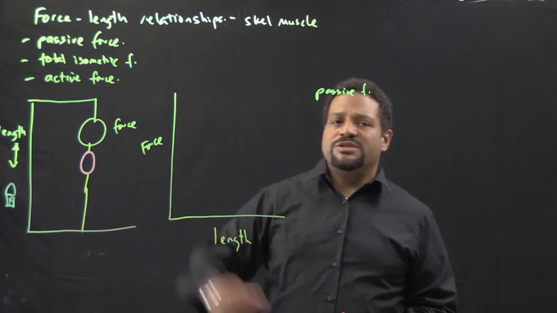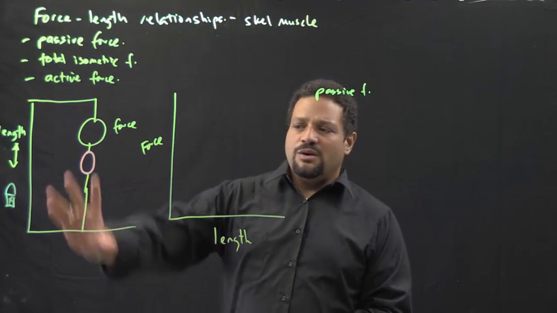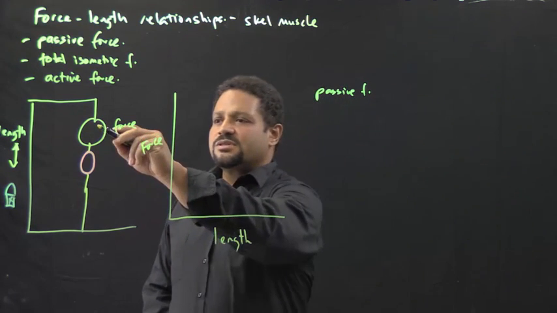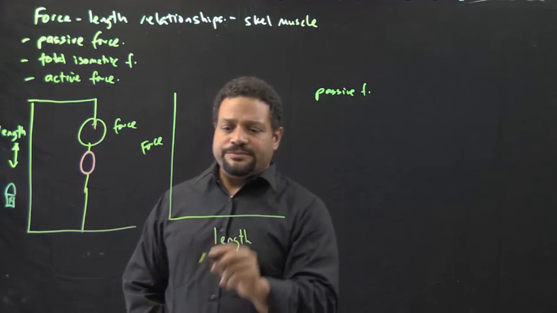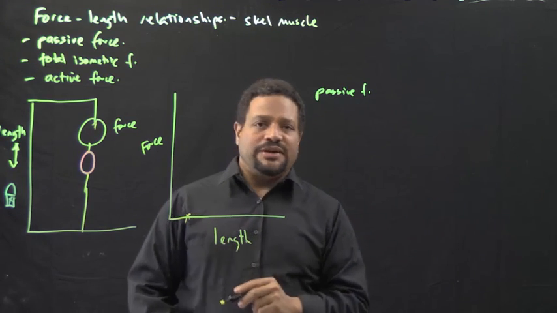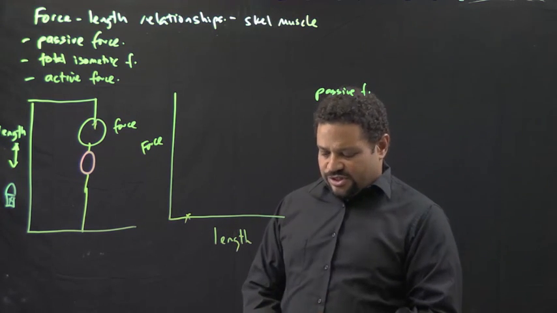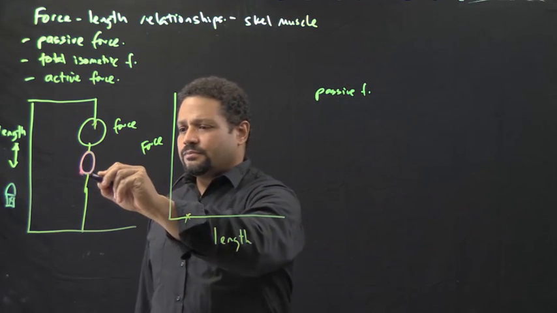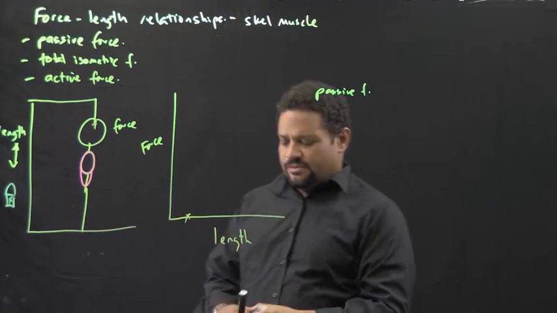So here, we stretch the muscle to a specific length. We lock the apparatus in place, we note the length, and we note the force. And the force will be 0 at that specific length. We stretch the muscle a little bit more by elongating the apparatus. We measure the force.